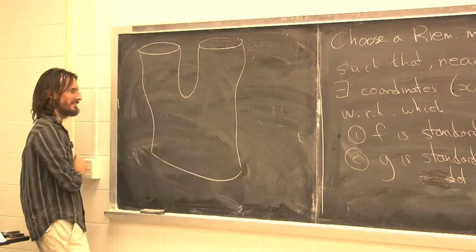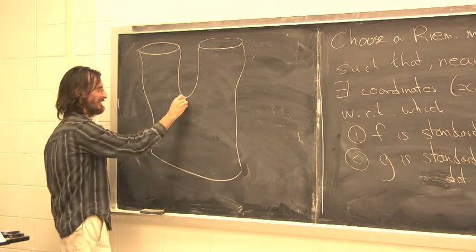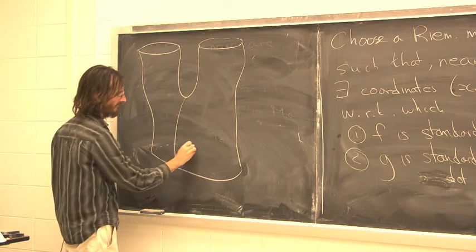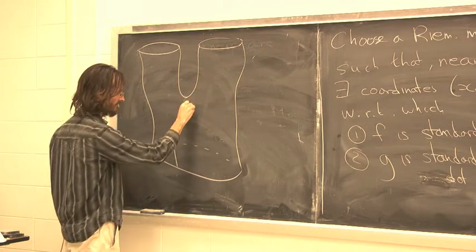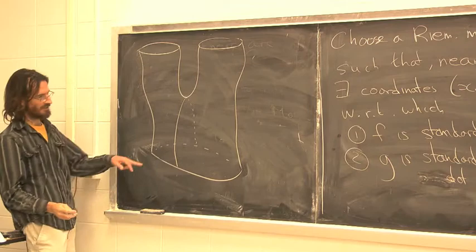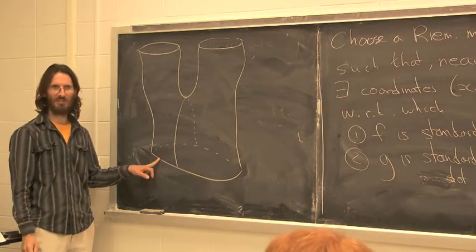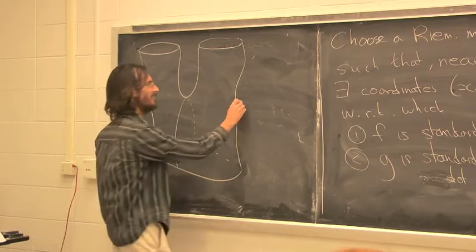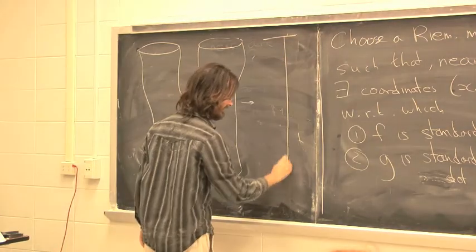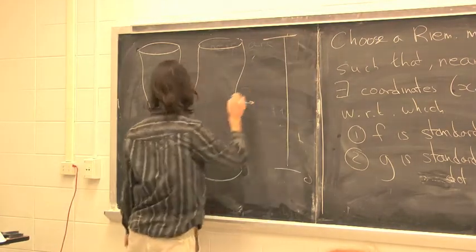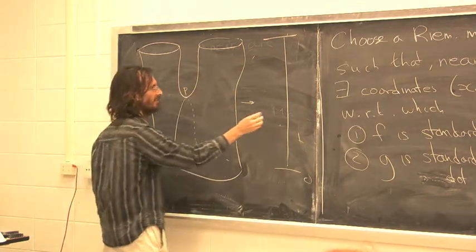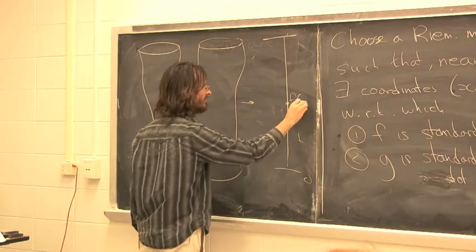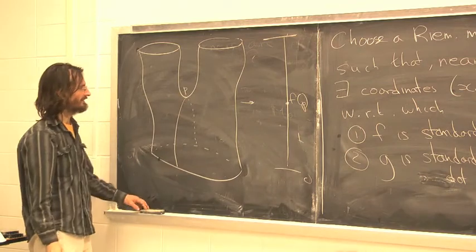This is an example of a surface, which is a cobordism from M0, a single circle, to M1, a disjoint union of two circles, and there's a single saddle. Here's our point P.